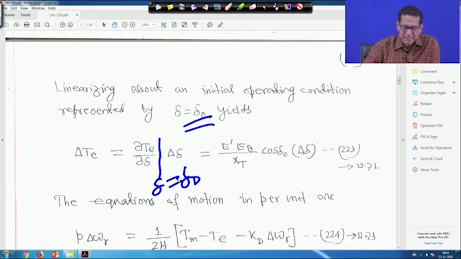Therefore, T is equal to E dash EB upon XT sin delta.